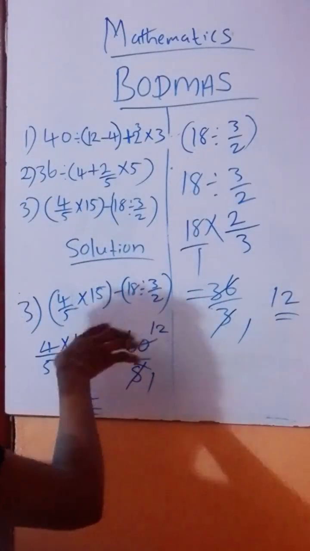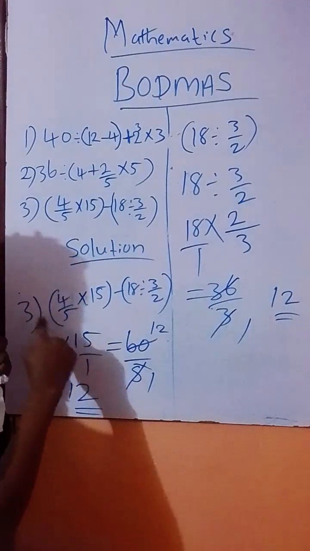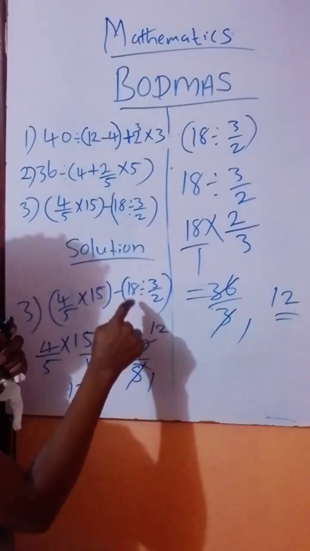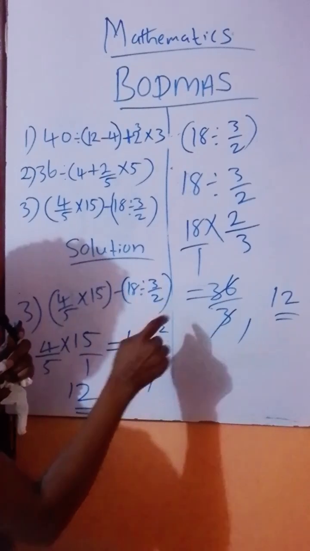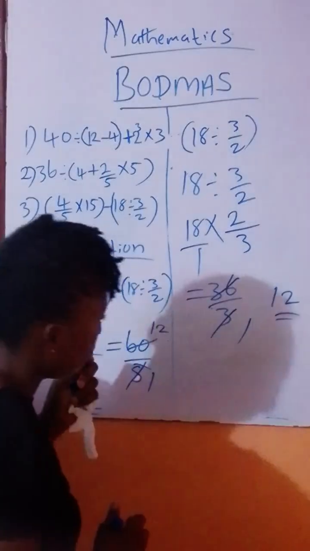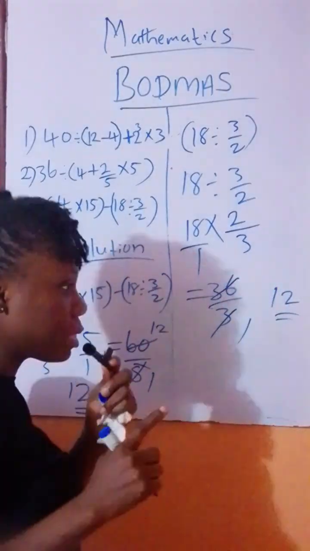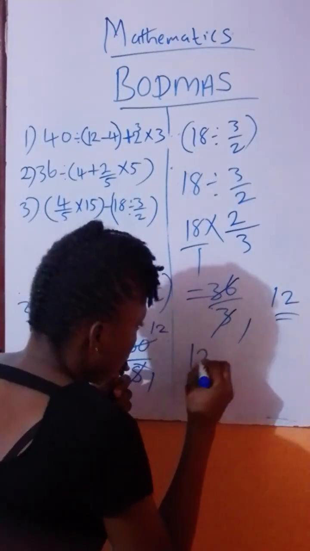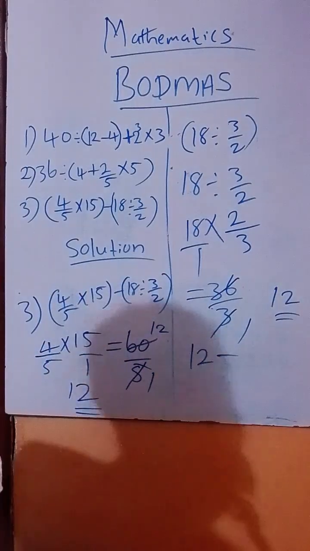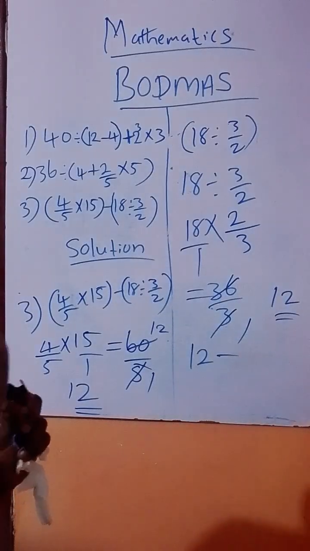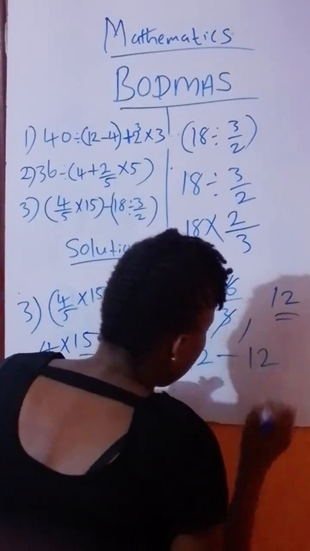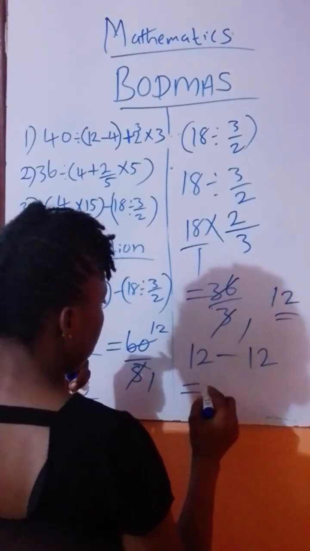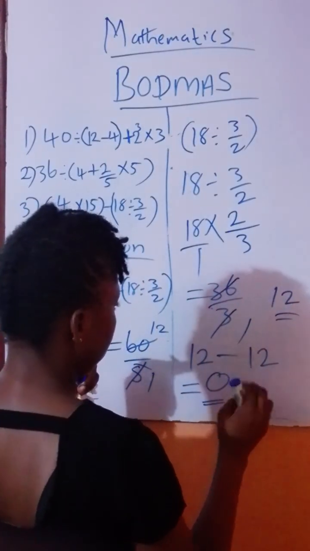And our question here says bracket 4 over 5 times 15 bracket minus bracket 18 divide 3 over 2. Our first answer that we got from our first bracket is 12. And our second answer that we got from our second bracket is 12. That means 12 minus 12 is going to give us 0, which is our answer.